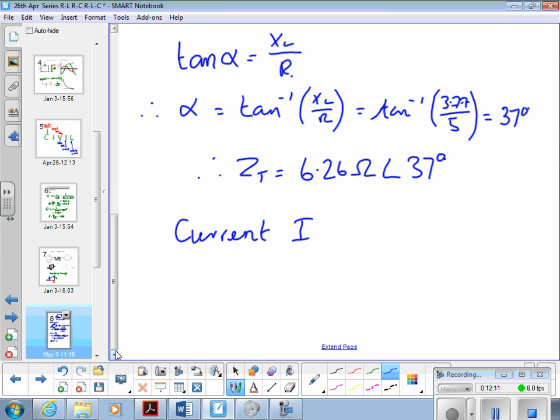Current I in this circuit. How do we calculate I? You've not been given an angle for the voltage, so you have to assume 0.